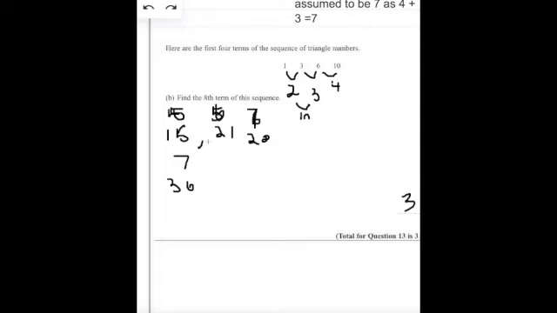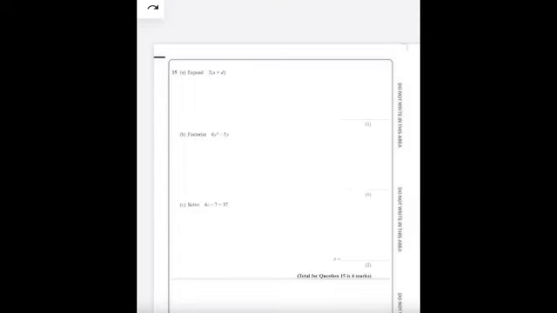However, we all make mistakes, so I realised that I was off by 1, but the answer is 36.